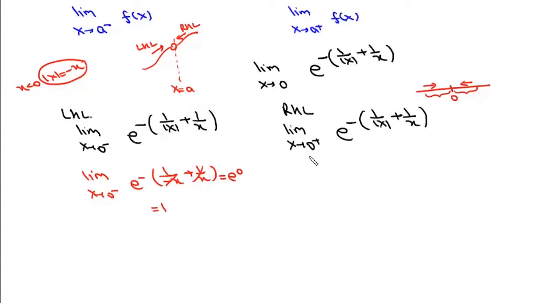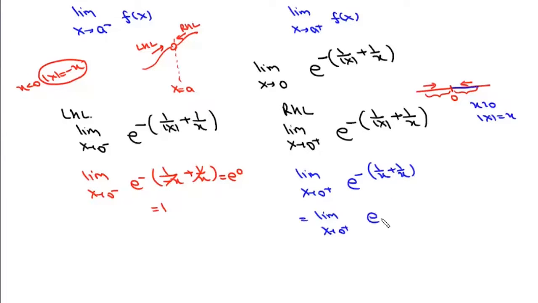And if we approach this limit to the right when x tends to 0 positive, now in this region when x is greater than 0, mod x is simply x. So this is limit x tends to 0 positive, e to the power minus 1 upon x plus 1 upon x, and it will be limit x tends to 0 positive e to the power minus 2 upon x.